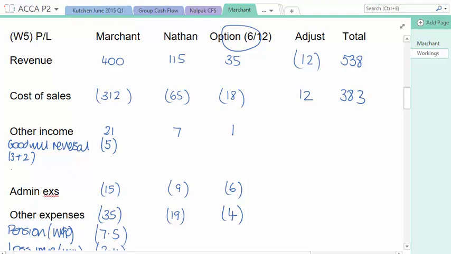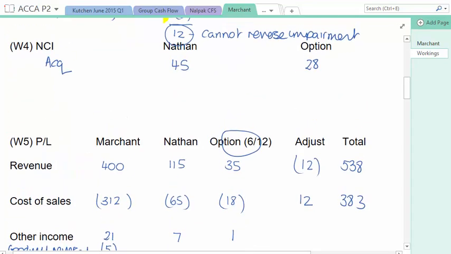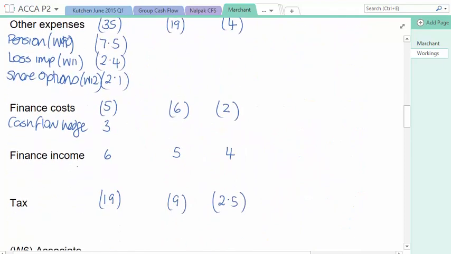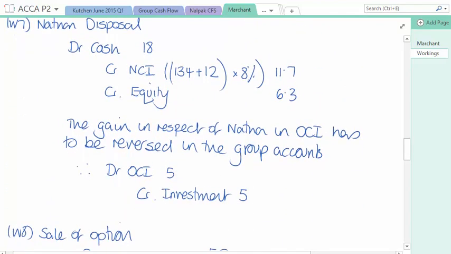As far as other income is concerned, I've added up my totals here, but included in other income is the gain on the sale of Nathan as well. So we need to work out what that was, because we were told that it was taken to income. So how much was that gain on the disposal of Nathan? That was a figure of 6.3. Let me just check that number.